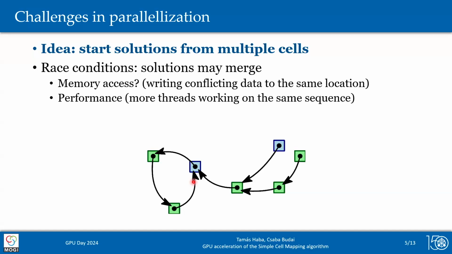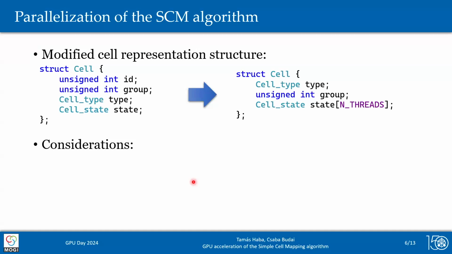One thread might want to assign the group identifier 1, and the other thread might want to choose the identifier 2 for that very same periodic group. That can cause conflicts. So in this work, in order to parallelize the SCM algorithm, both the algorithm itself and the cell representation had to be changed.